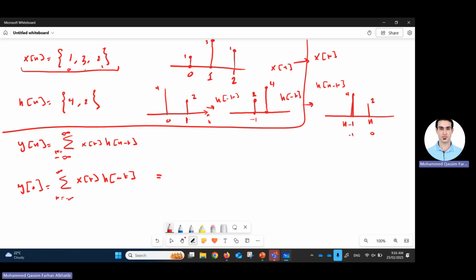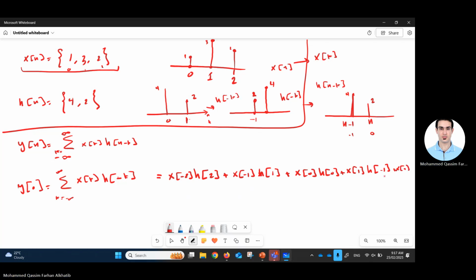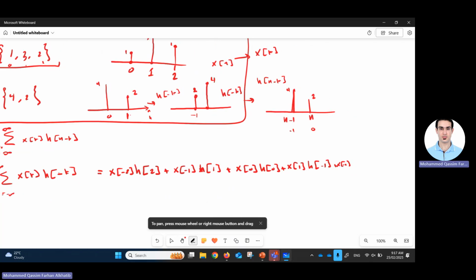So it's going to equal, starting with k equal -2: x of -2, h of 2, plus x of -1, h of 1, plus x of 0, h of 0, plus x of 1, h of -1, plus x of 2, h of -2, right?